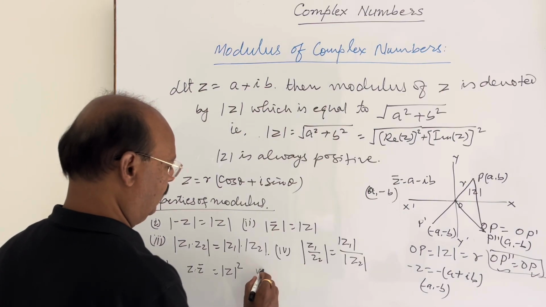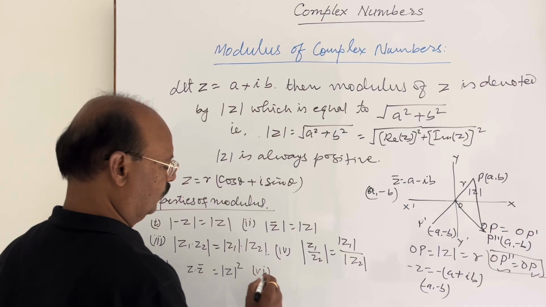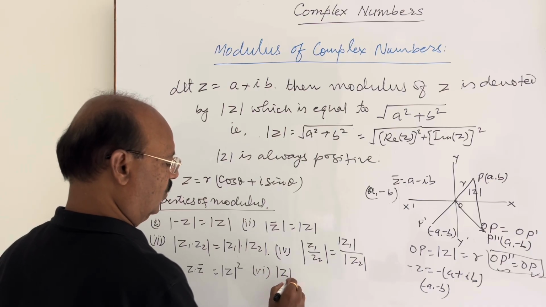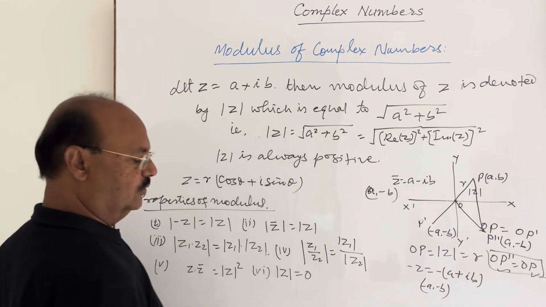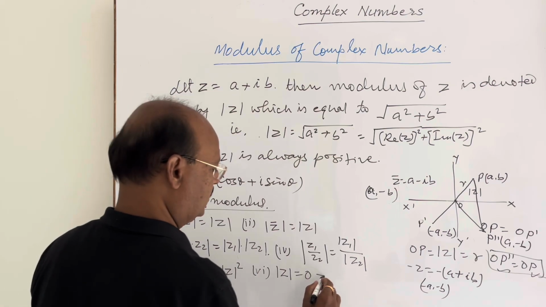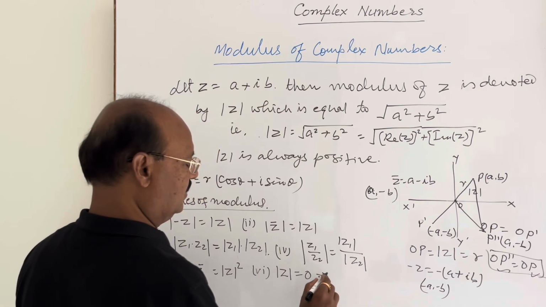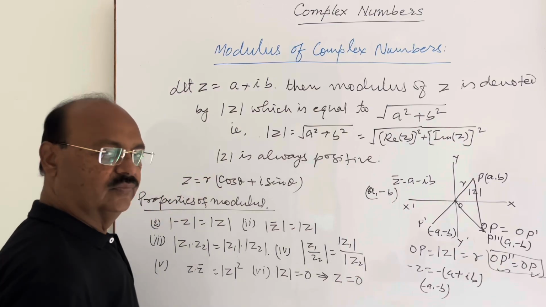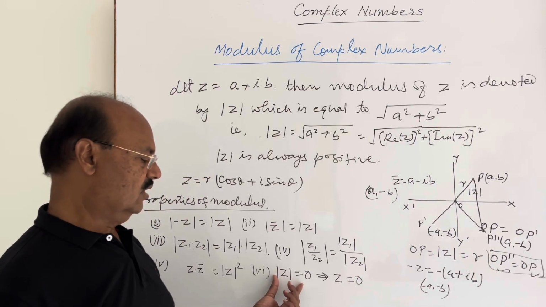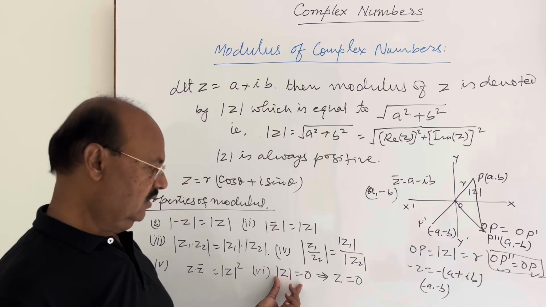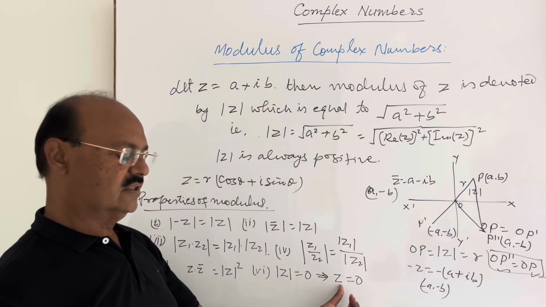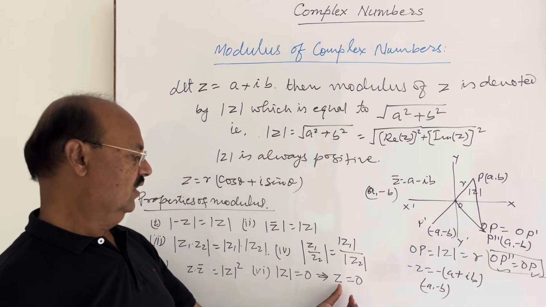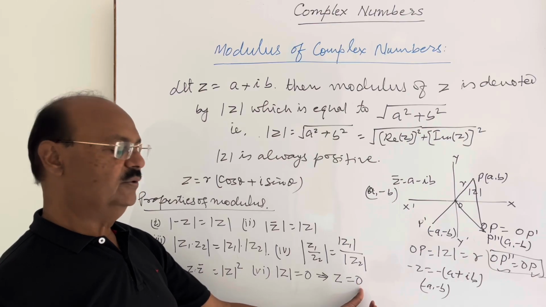And one more property: if modulus of Z is equal to 0, this implies that complex number Z is 0. Okay, if modulus of Z is 0, then the corresponding complex number Z is equal to 0.